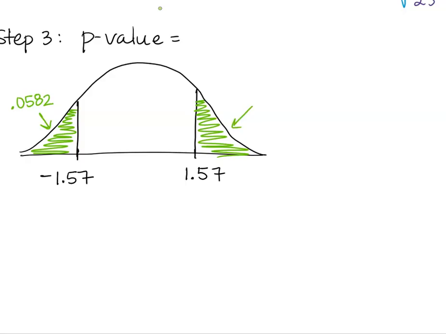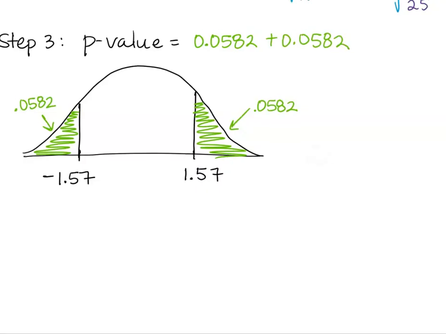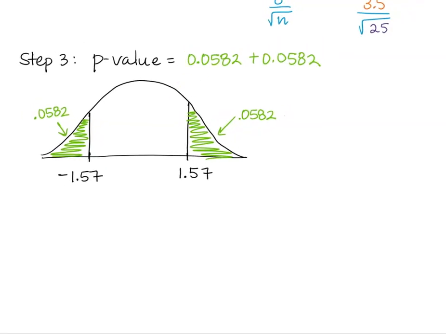Because there's symmetry in this picture, this area on the left here must also be 0.0582. So the p-value is the sum of those two numbers, just doubling it or adding it to itself, because the p-value is the total area to the left and the right of those test statistics. So this comes out to be 0.1164.